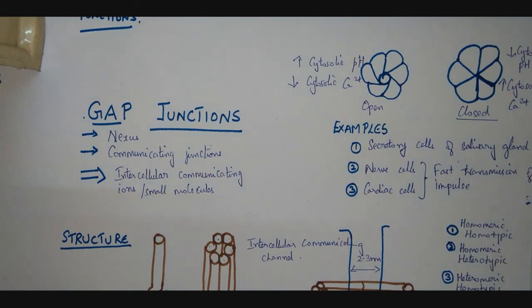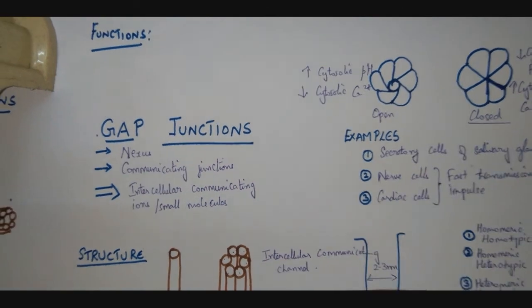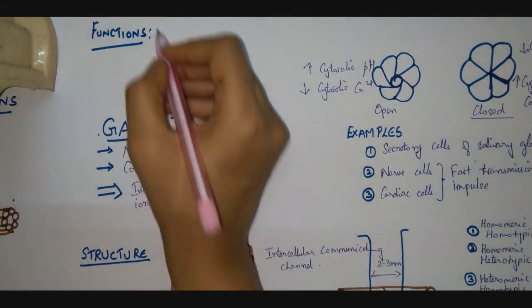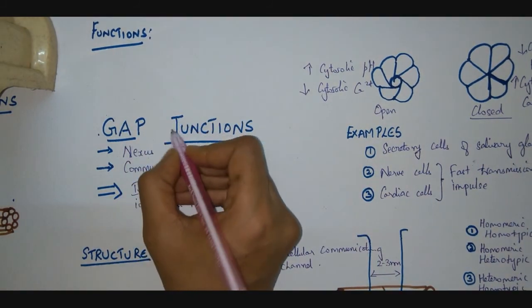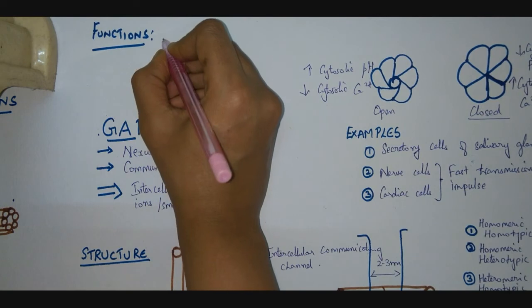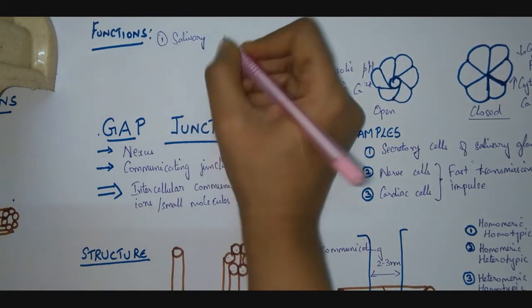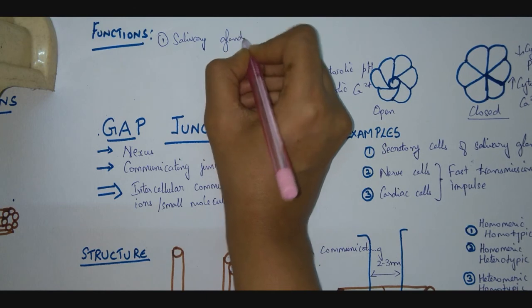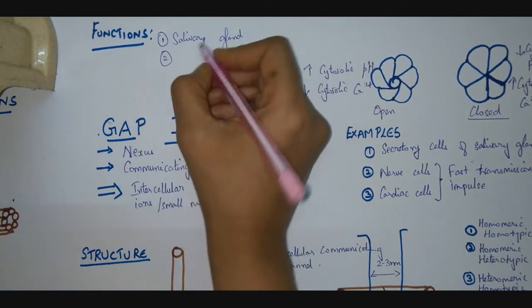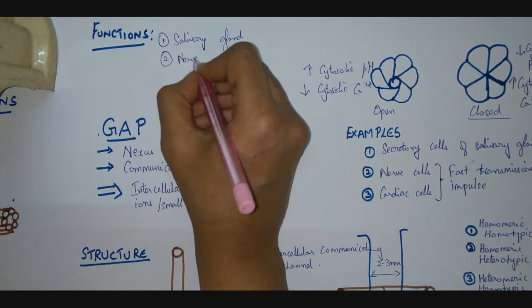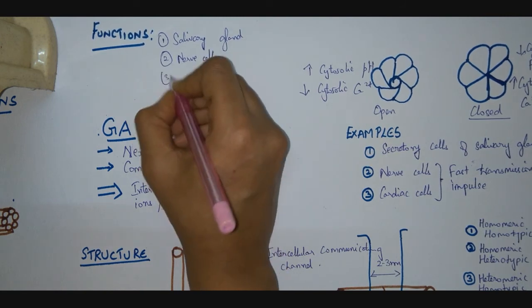From this we can come to the functions of the gap junction. They have an important function in the secretory cells of the salivary gland. Then there is nerve impulse conduction in the nerve cells as well as in the cardiac cells.